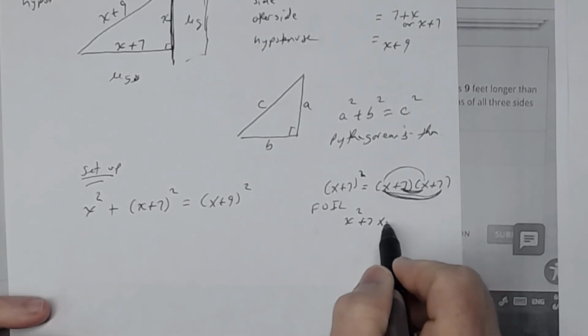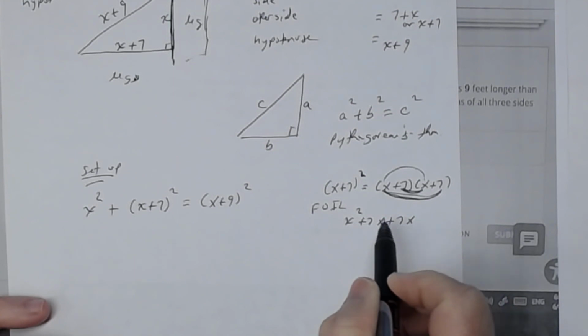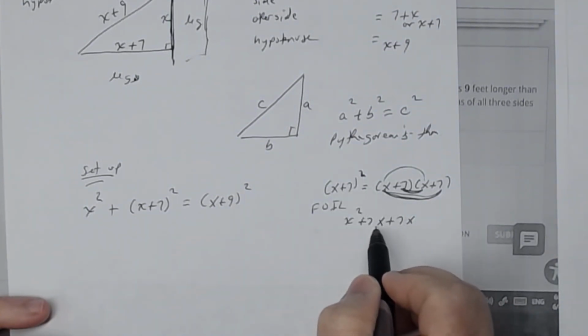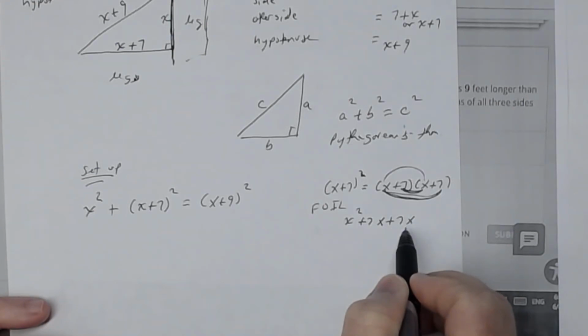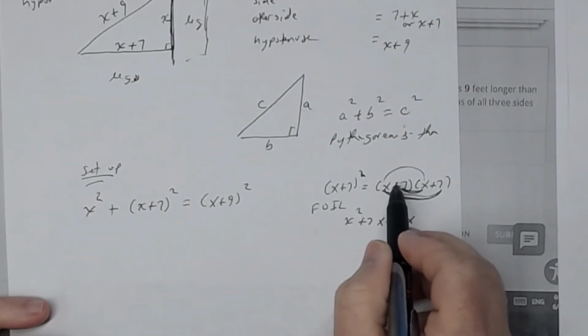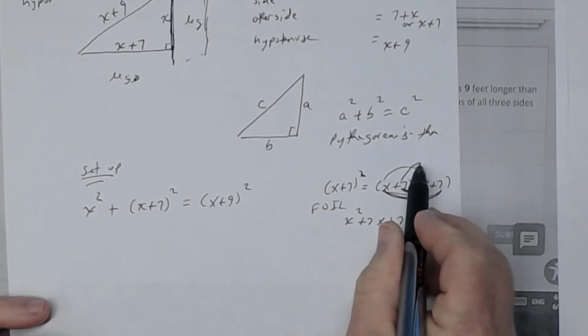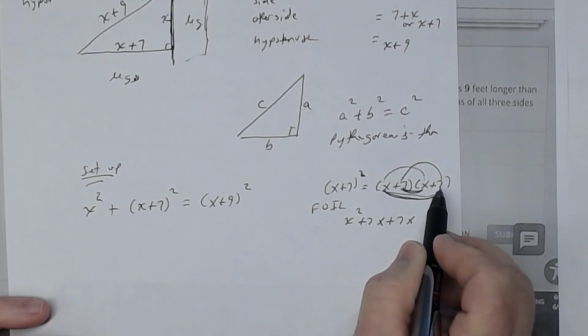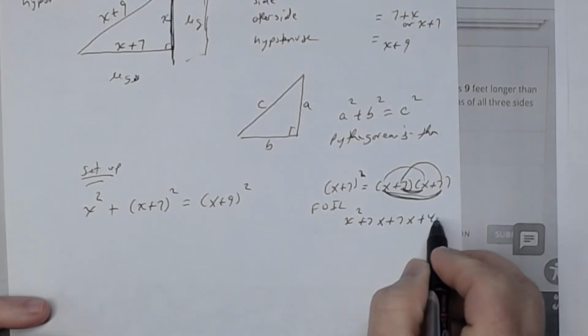So 7 times x is another 7x. Remember, whenever you square a binomial, the outer and the inner are always going to be the same. Then the last means I'm going to multiply the last terms of each binomial. 7 times 7 is 49.